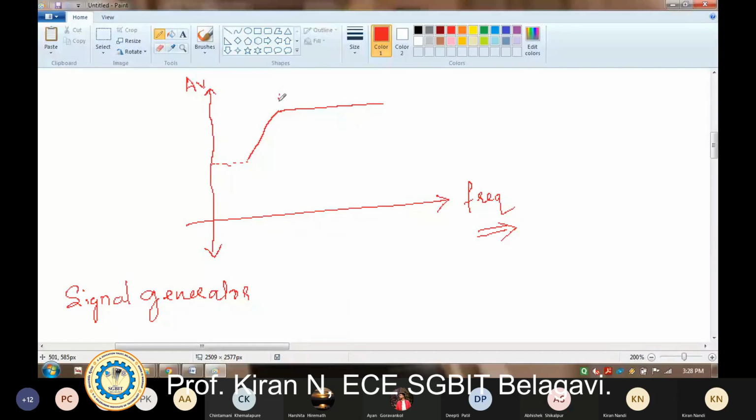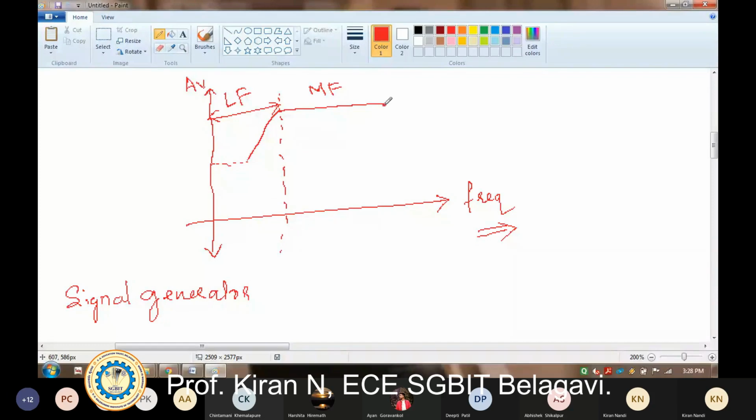Up to this point, we refer to it as the LF range, the low frequency range. Then where the gain is constant is referred to as the MF range, the middle frequency.